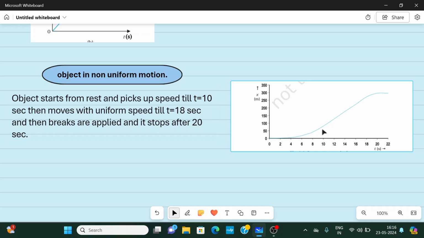From here we can see that it picks up speed till t is equal to 10 seconds. From t is equal to 10 seconds to t is equal to 18 seconds, it moves with uniform speed, then brakes are applied and it stops after 20 seconds. So this is the graph for object in non-uniform motion.